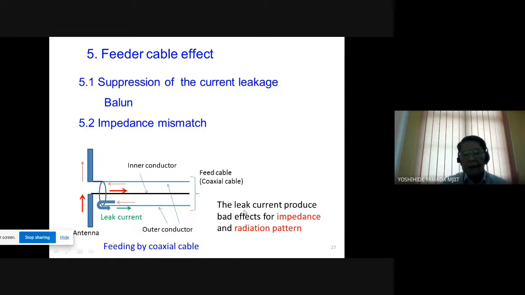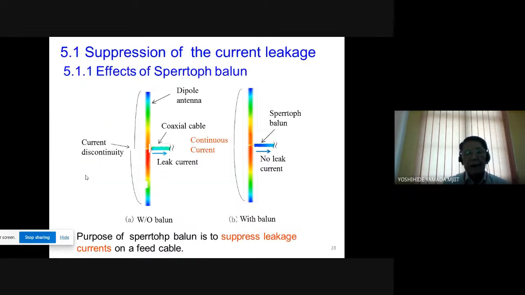This leak current produces a bad effect on the impedance and the radiation pattern of the antenna. The current flowing on this side and this side is not the same, so the current difference appears.